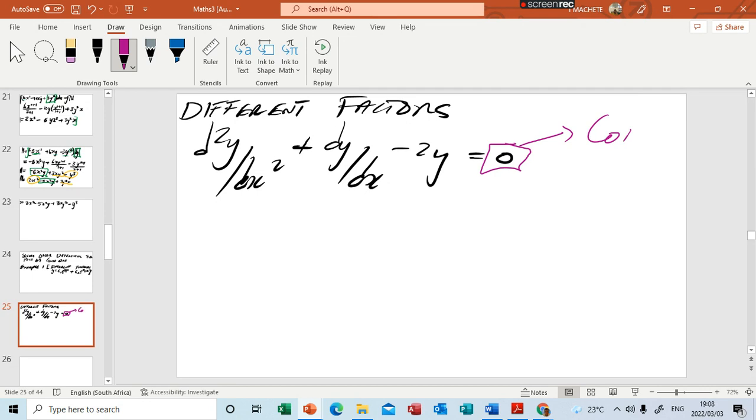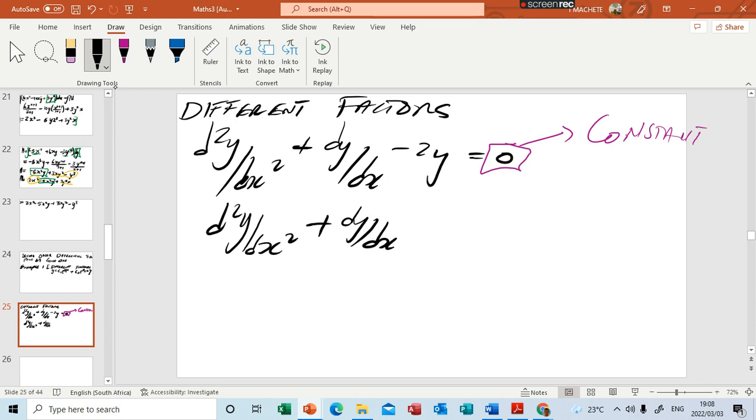This one, they call it a constant because 0 is a constant. You'll find equations where you've got d squared y over dx squared plus dy over dx minus 2y, and then it's equated to something, to a number. So you will get to this one.